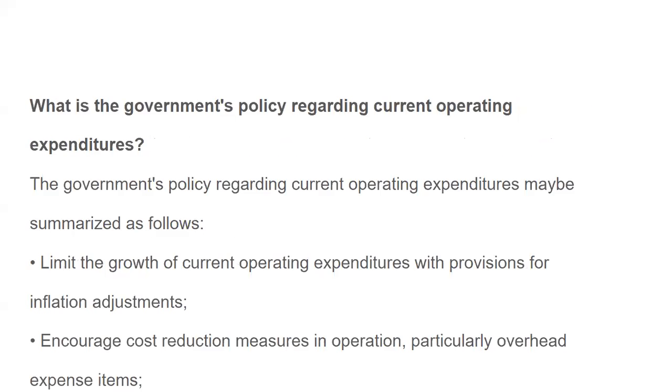Now, what is government's policy regarding current operating expenditures? The government's policy regarding the current operating expenditures may be summarized as follows. One, limit the growth of current operating expenditures with provisions for inflation adjustments, and encourage cost reduction measures in operation, particularly overhead expense items.